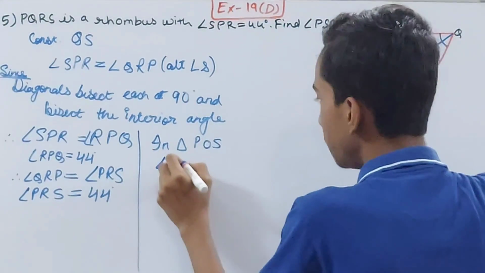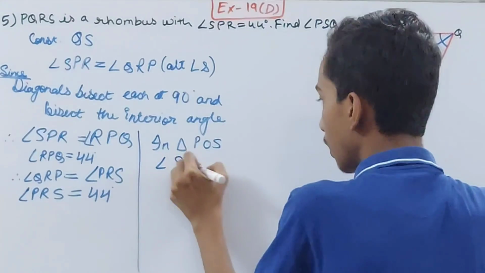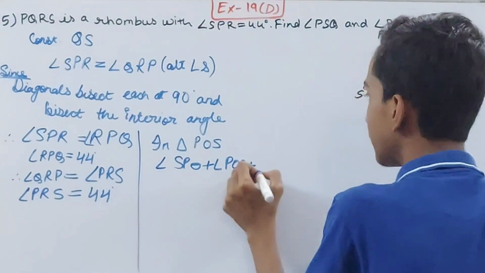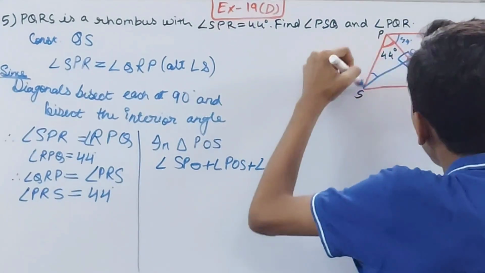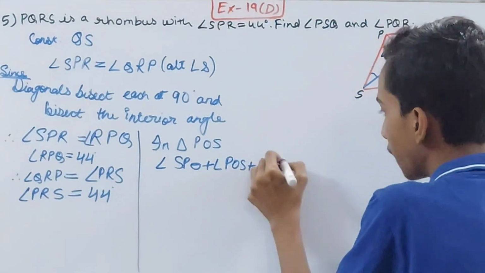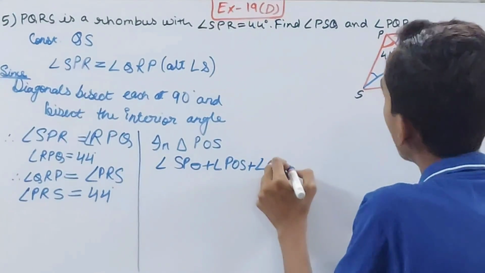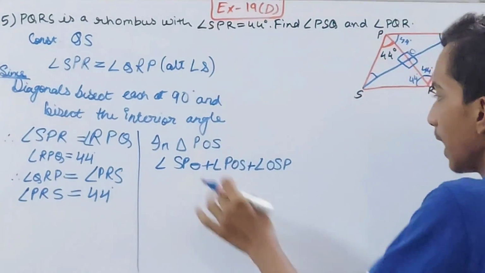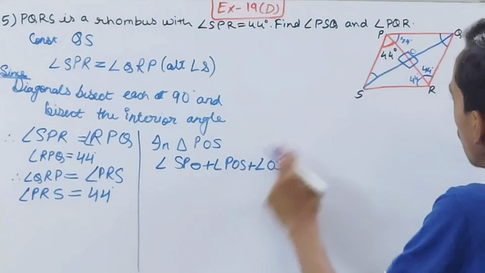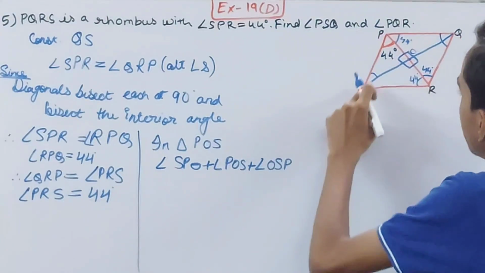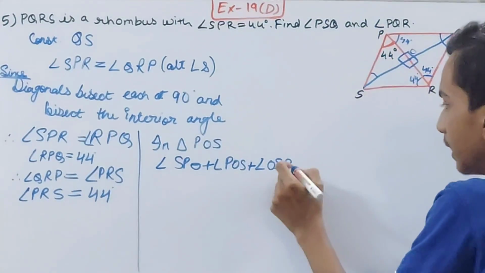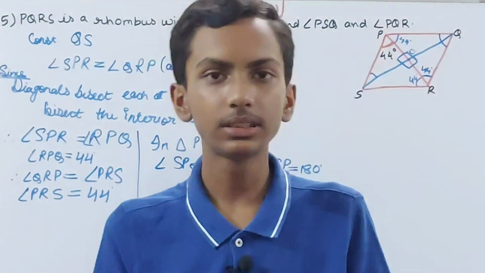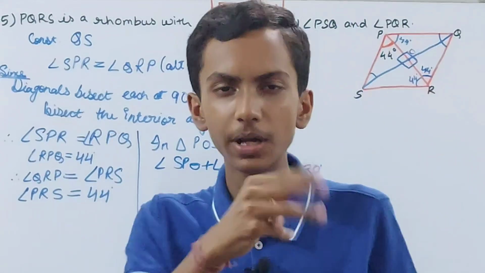Angle SPO plus angle POS plus angle OSP, their sum will be equal to 180 degrees, because the angle sum property of triangles says all three angles add up to 180 degrees.